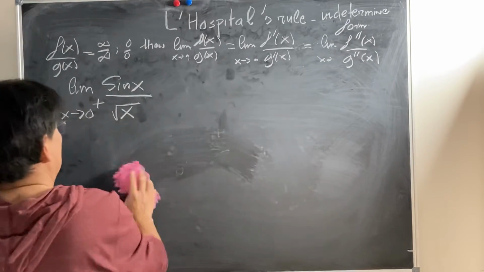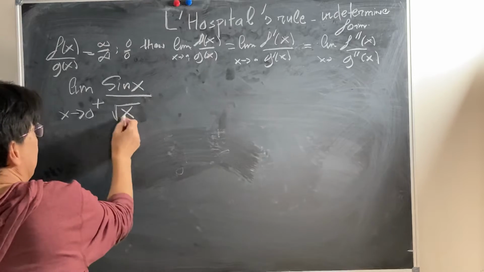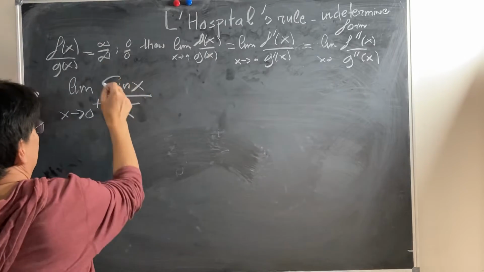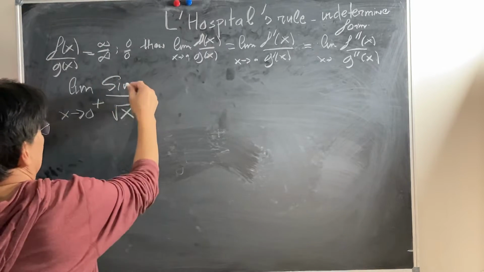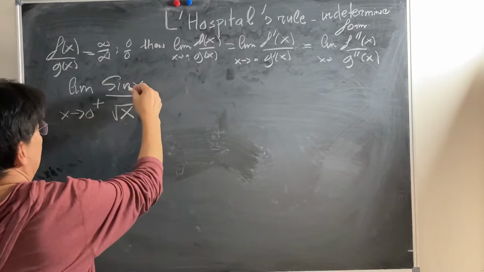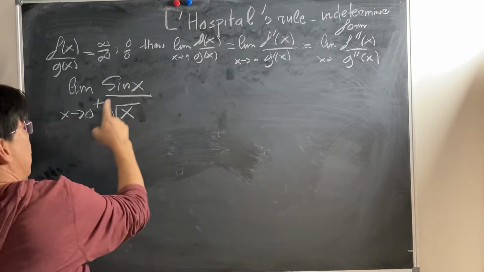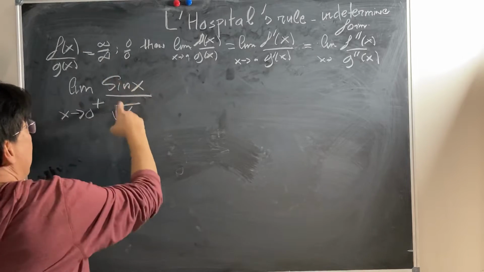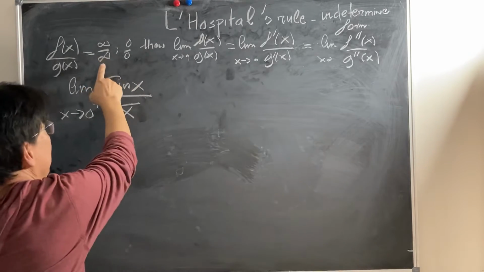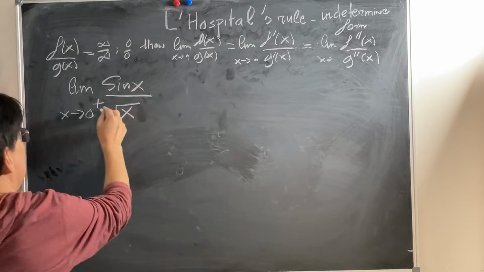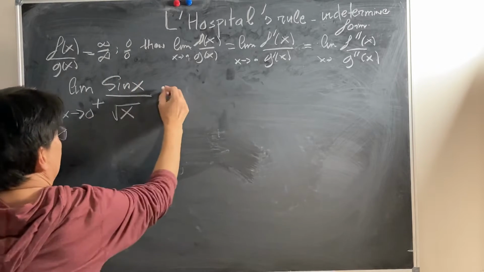If you substitute 0 in here, let's check. First of all, they are continuous around this point. The second thing you have to check: do they have the form infinity over infinity or 0 over 0? Then you substitute and you will see that.